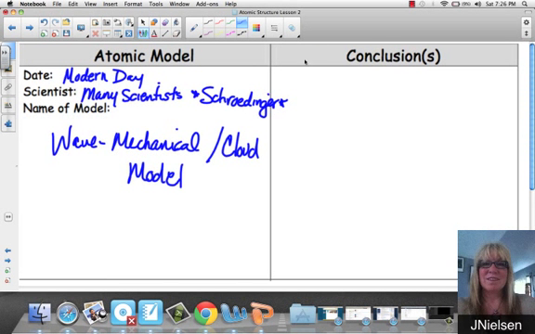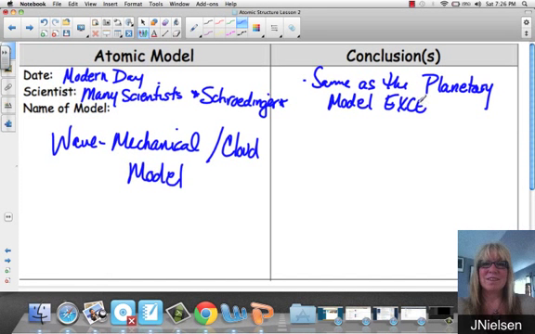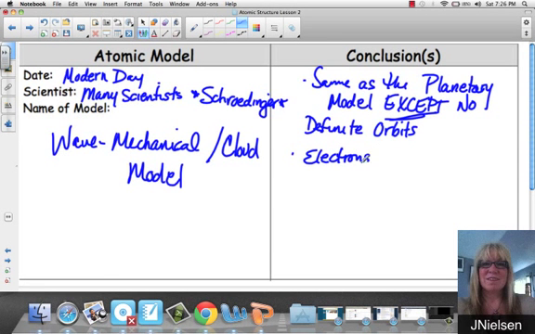So, what were the conclusions from this? Basically the same as the planetary model, except, and this is the important part, no definite orbits. Electrons are found in orbitals.